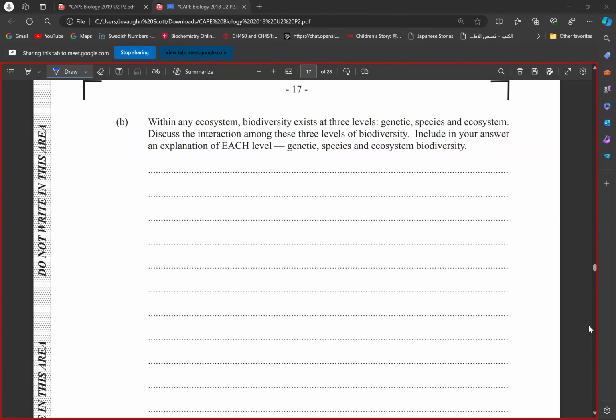Sir, ecosystem diversity provides a variety of ecological niches. Because of that, it allows species to diversify themselves to adapt to these niches.